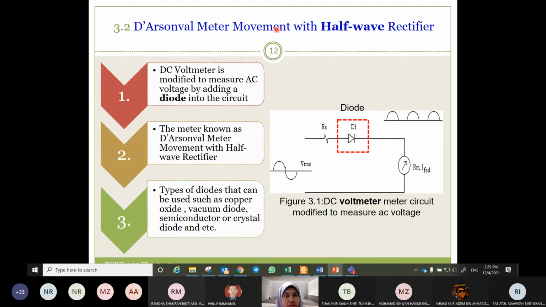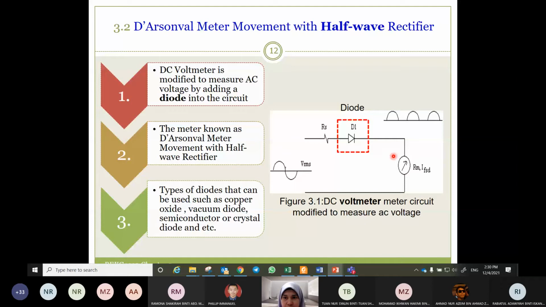Okay, so we are still in the half-wave rectifier part. A DC voltmeter is modified to measure AC voltage by adding a diode into the circuit. So this is for the half-wave rectifier. We add a diode to the circuit.